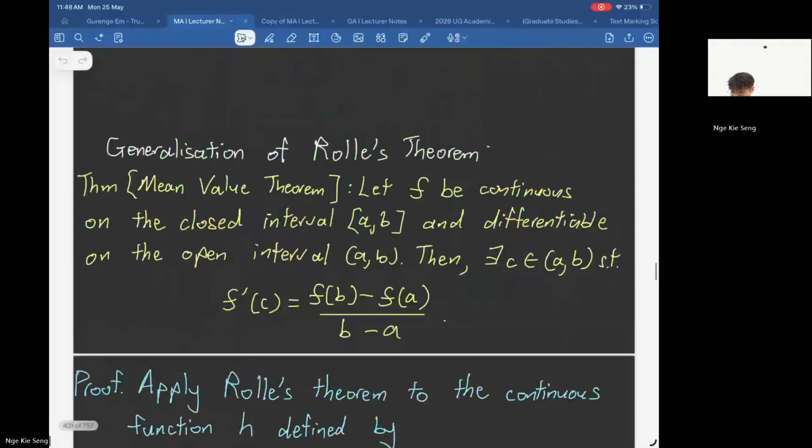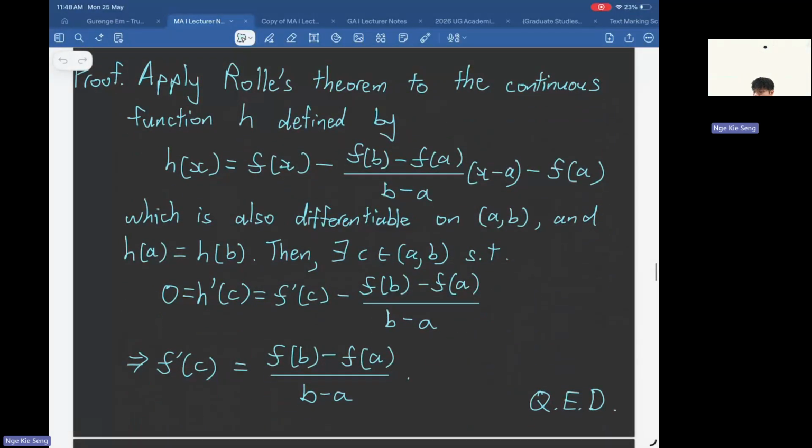So you see, instead of looking at f, what we did is look at this h here. This h is actually f(x) taking away what? How do we call this thing?